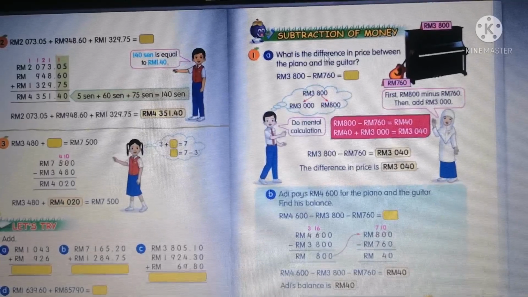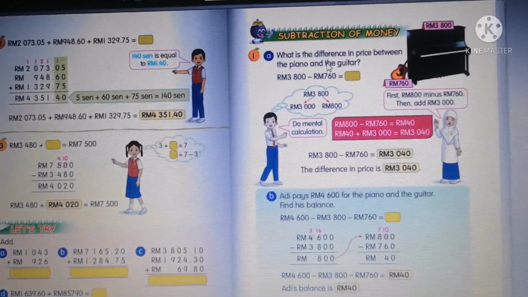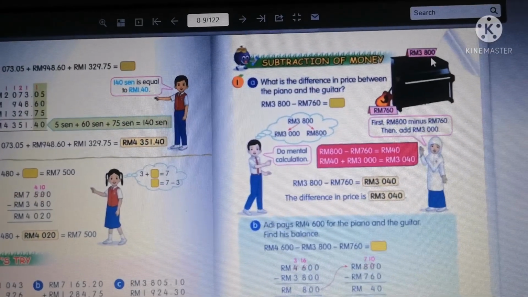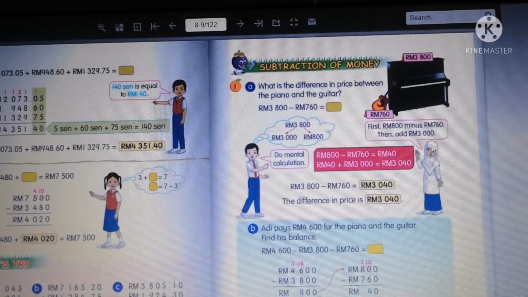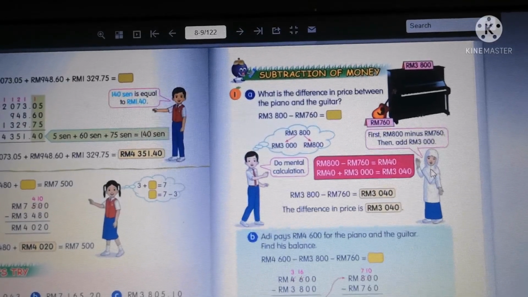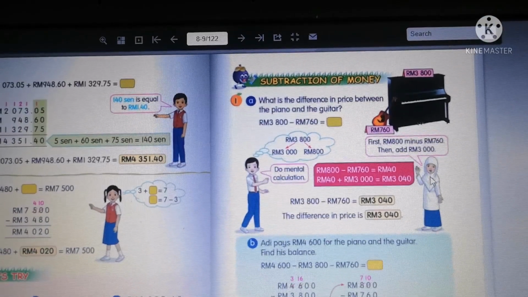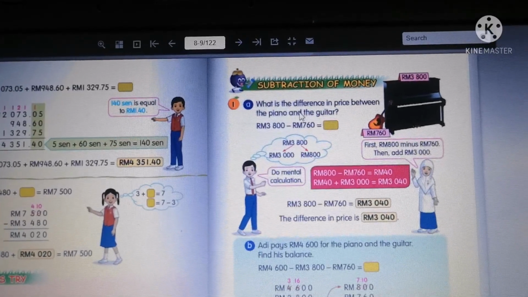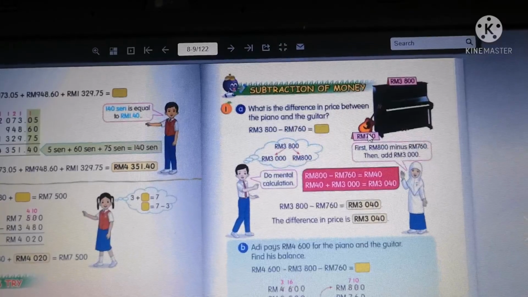The difference maksudnya kena tolak. Look at here, the piano is 3,800 ringgit and the guitar is 760 ringgit. So we have to minus. Difference in price maksudnya this one minus this one.